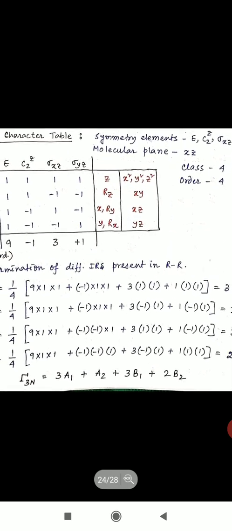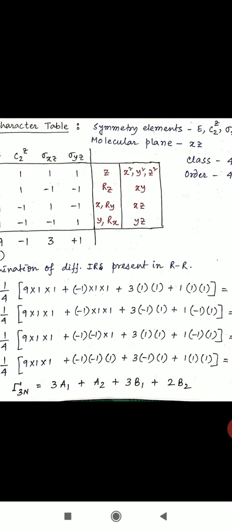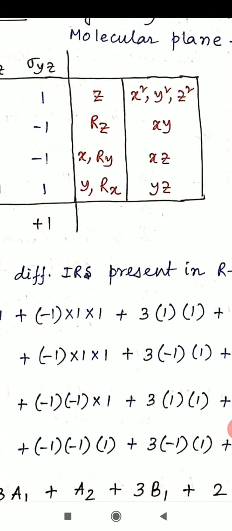And for the Raman active vibrational modes, we look for quadratic functions. So I am checking in case of A1 and B1, is there any quadratic function? You can check that in A1 and B1 the quadratic functions are there, that is x square, y square, z square and xz. That means in case of the C2V point group, the vibrational modes are both IR active as well as Raman active.